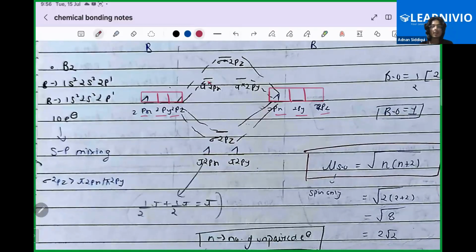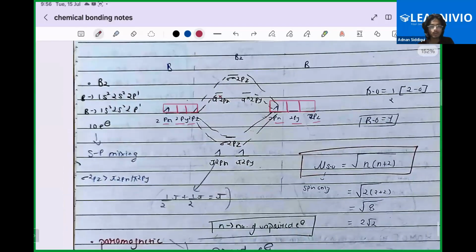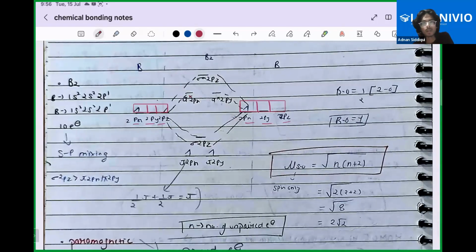So this is how your B2 molecule's p molecular orbitals are going to look like. You start with pi 2px, pi 2py, sigma 2pz, then show the respective anti-bonding orbitals in the same way, putting the star mark.